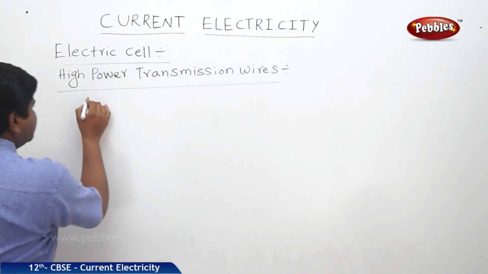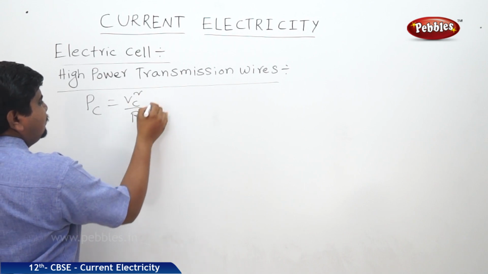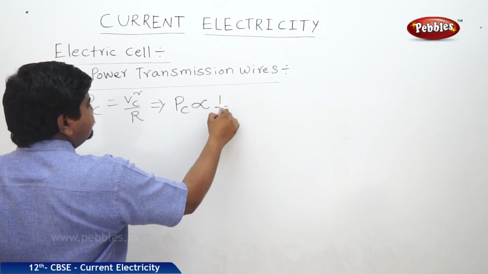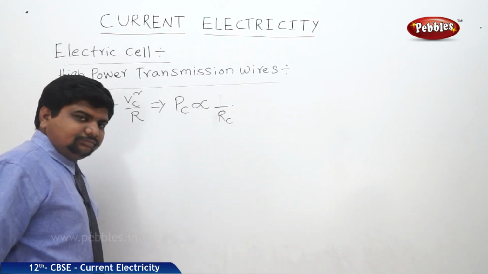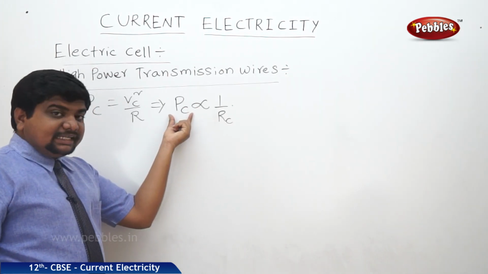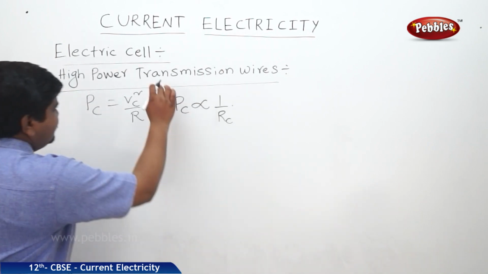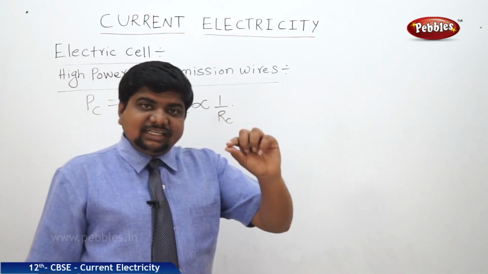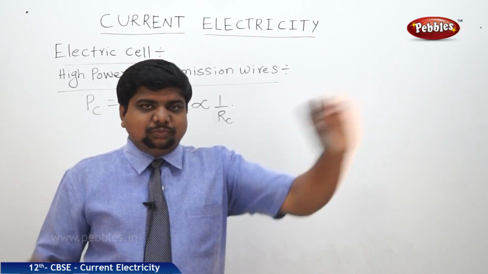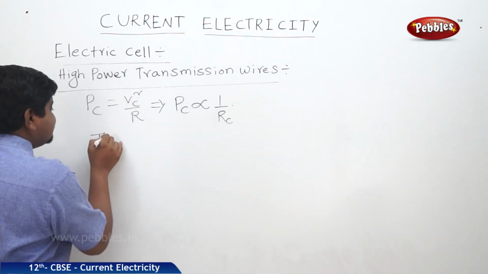We know that PC is equal to VC square by R. With this, when V is constant, PC is inversely proportional to RC. If resistance is lowered, PC will increase. If resistance is more, PC will decrease. How? See the high power transmission wires, the wires which are like a bundle of many thick wires. It is like a loop. Thick wire has high resistance.